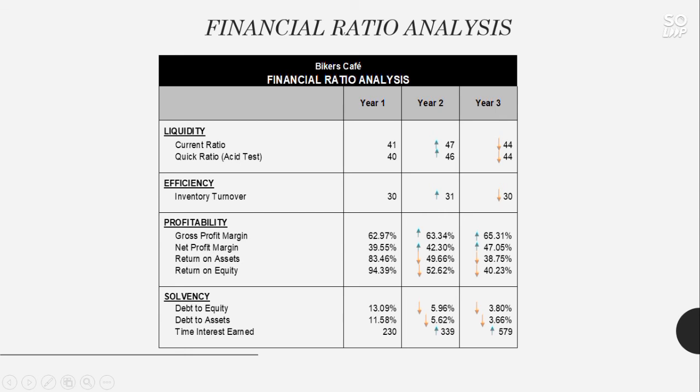For debt to assets, our percentage is at 11.58% at year 1, and it is going to decrease to 5.62% at year 2, and it is going to decrease to 3.66% at year 3.